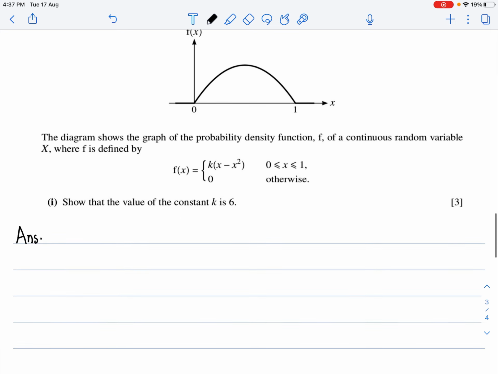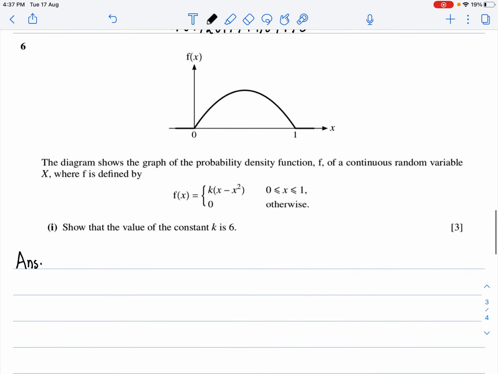The diagram shows a graph of the probability density function f of a continuous random variable x, where f is defined as you can see. This is the probability density function. I need to show that the value of k is 6.